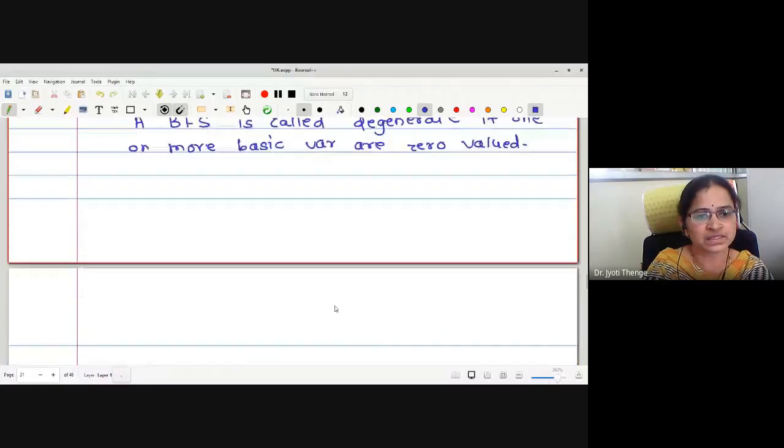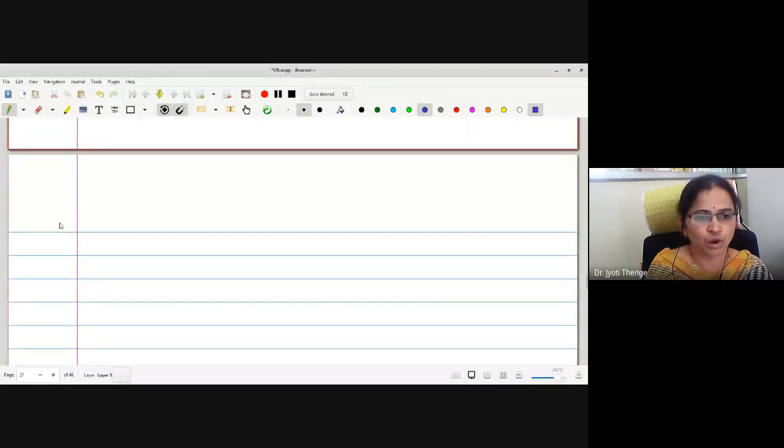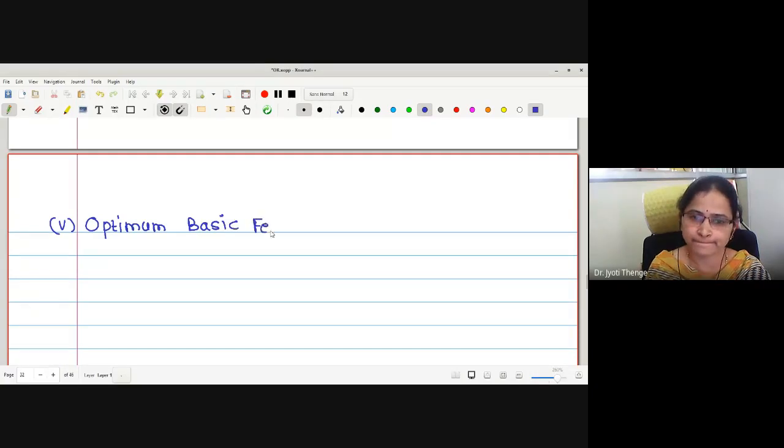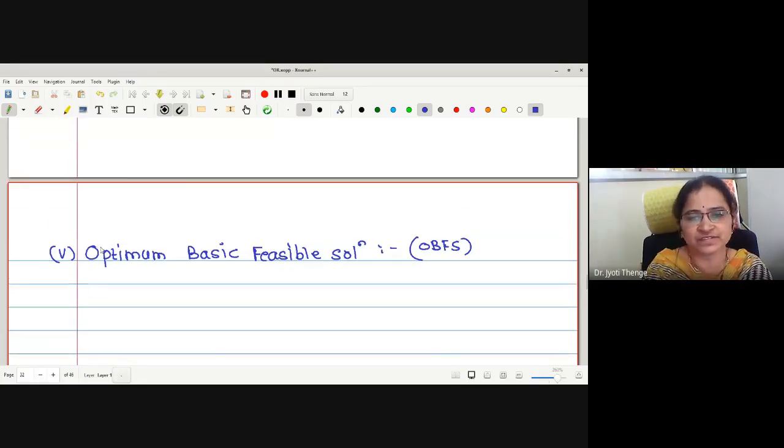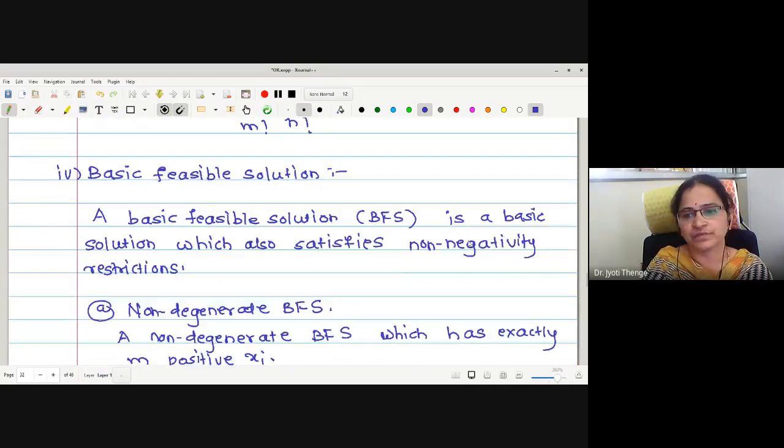Next is the number 5 definition: optimal basic feasible solution, OBFS. What is an optimum basic feasible solution? Just now we have seen the basic feasible solution, a basic solution which satisfies the non-negative restriction.